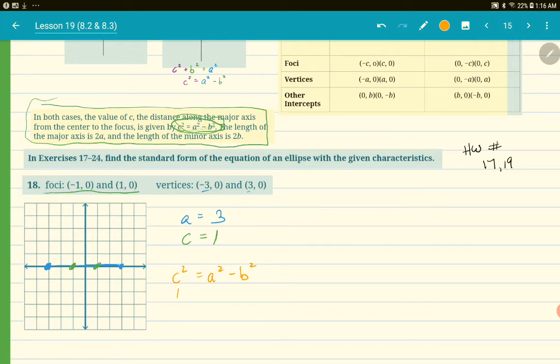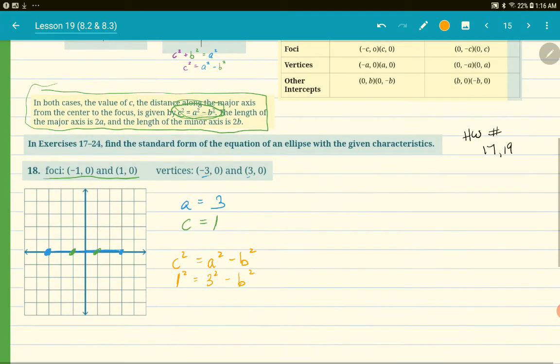I have C, so that's 1 squared. I have A, so that's 3 squared. Let's add B squared to both sides to get B squared on the left.